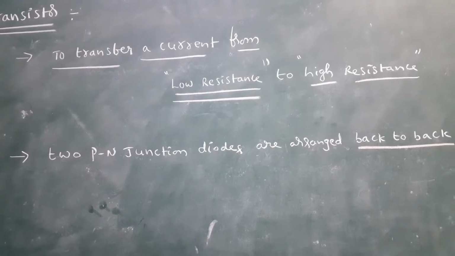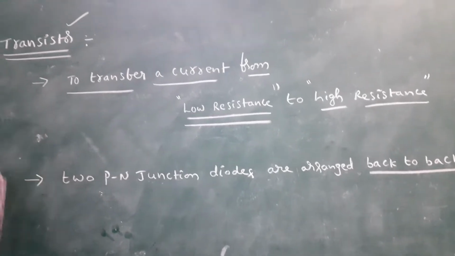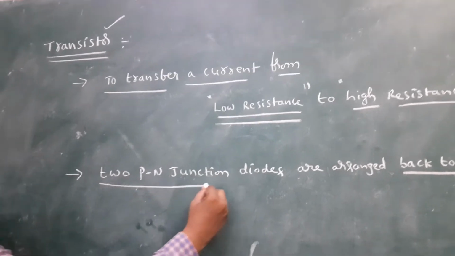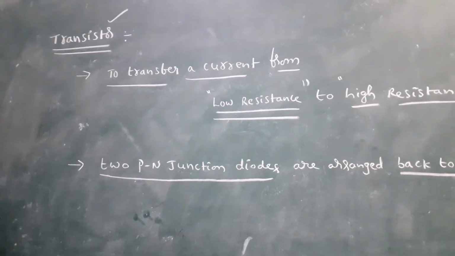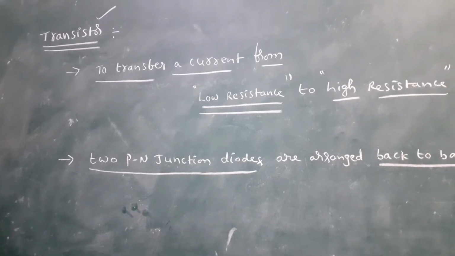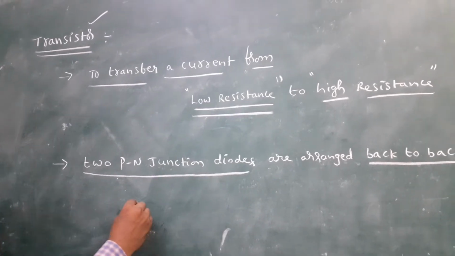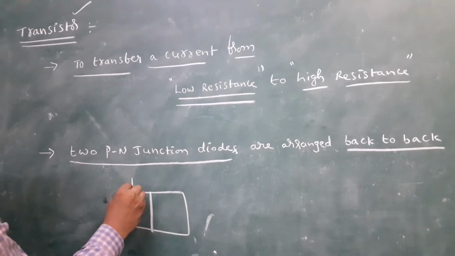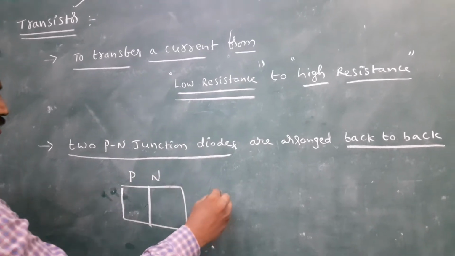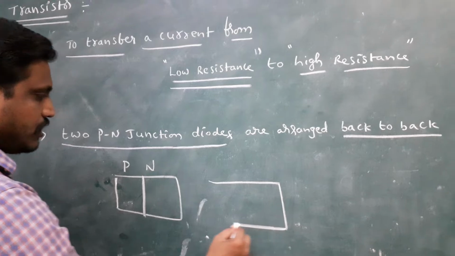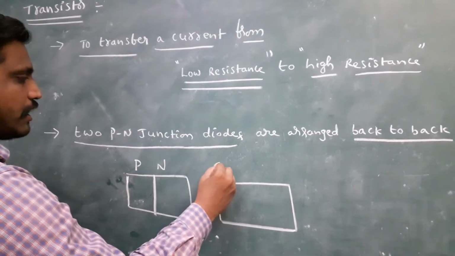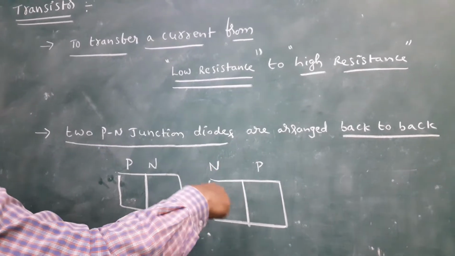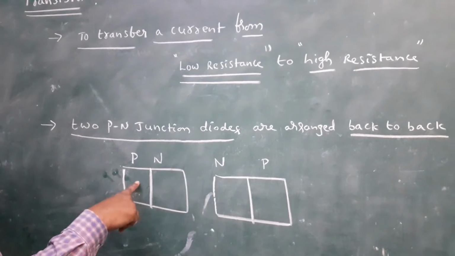Here, a transistor is made of two PN junction diodes arranged back to back. That means, look here, this is a PN junction diode, PN. This is also a PN junction diode, but arranged back to back, in reverse.